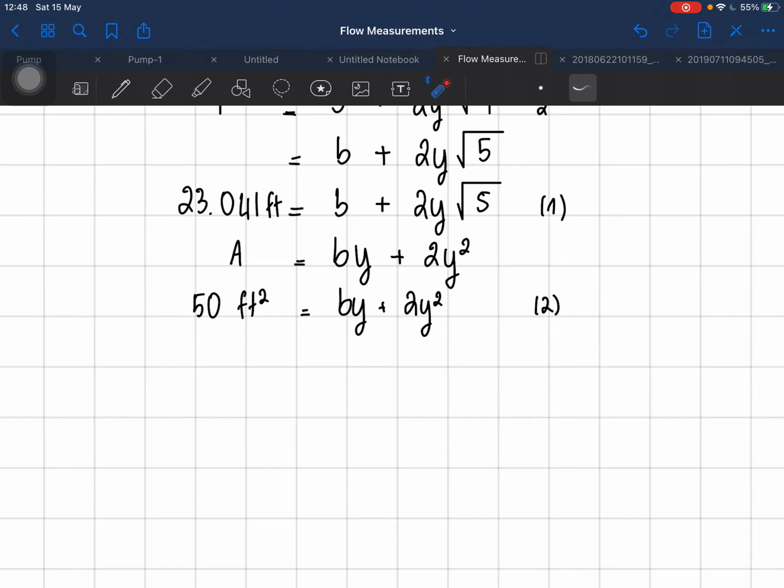All we need to do is to find the enter. 23 equals, what am I doing here?